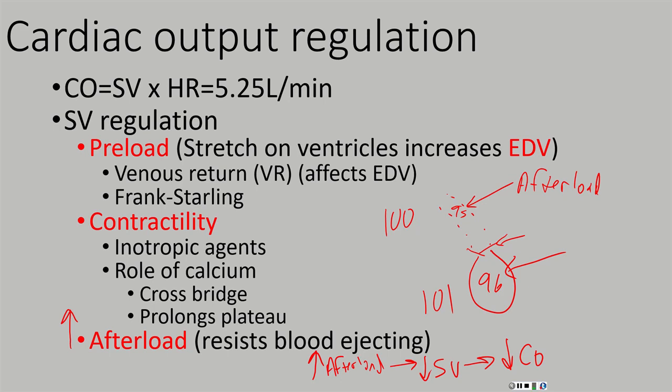If we wanted CO to stay the same, but stroke volume had been decreased, then to keep cardiac output the same, heart rate would have to increase. Causing the heart to squeeze harder or work faster puts stress on the heart, and that is why things like high blood pressure can be very, very bad for the heart.